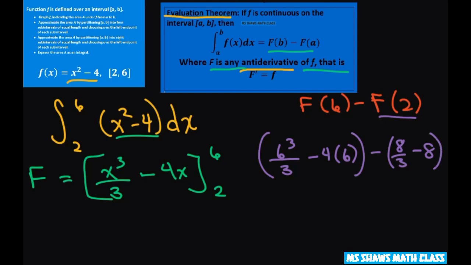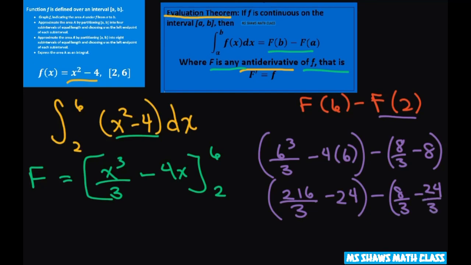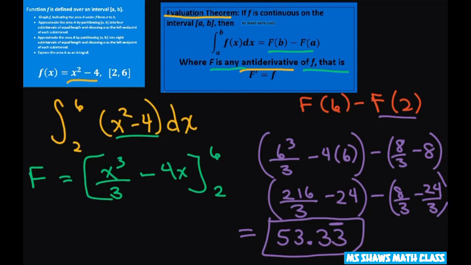All right, 6 cubed is, let's double check, 216 divided by 3 minus 24, minus, and our common denominator is 3, so this is 8 thirds minus 24 thirds. You can put that in the calculator, and you're going to get 53.33 repeating. So that is your area under the curve.